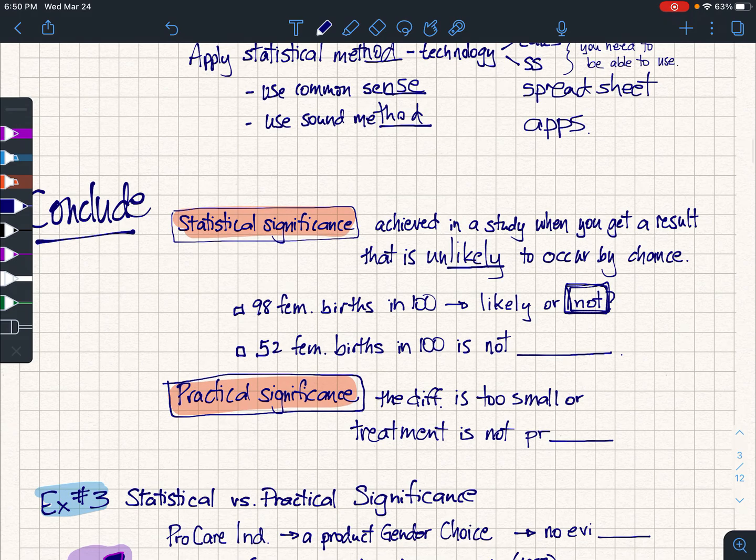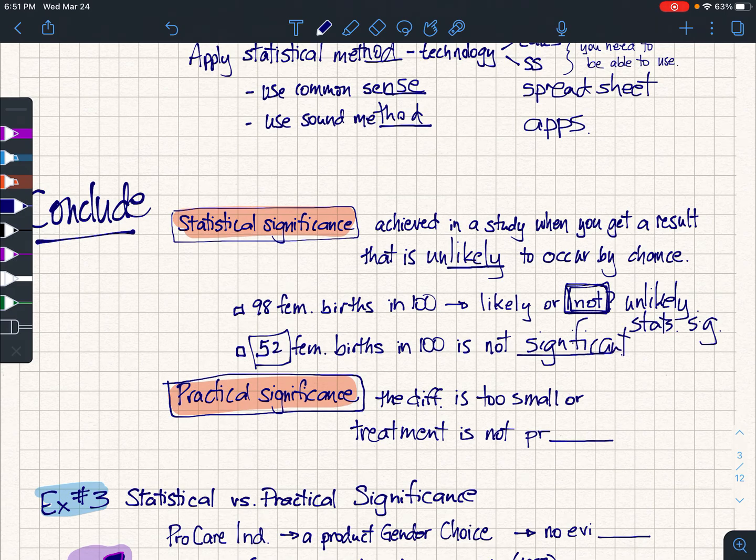Whereas 52 female births, unlikely, therefore statistically significant, is not the case here. 52 is really close to 50, and the statistics bear out that we have about a 50% chance, or actually a 48.8% chance if you want to get technical, and so this is not significant.